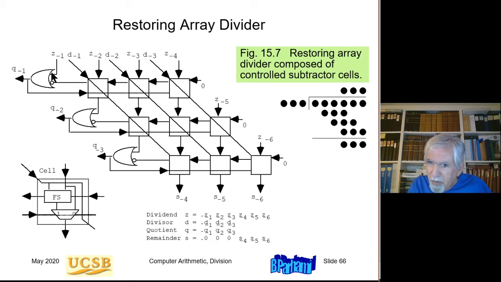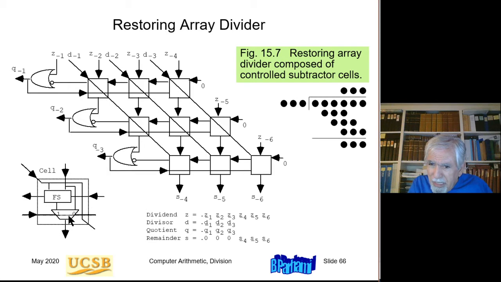Or if the borrow out from the subtraction process is 0, if there's no borrow out, then again the result is positive. In those 2 cases, I choose the quotient digit to be 1, otherwise it will be 0. Now this quotient digit basically is fed back to the row, all the cells in the row, through this line.